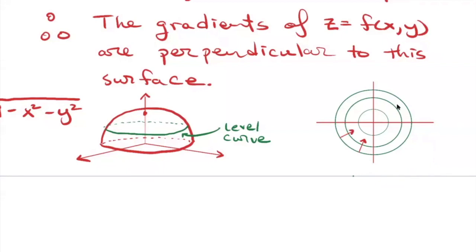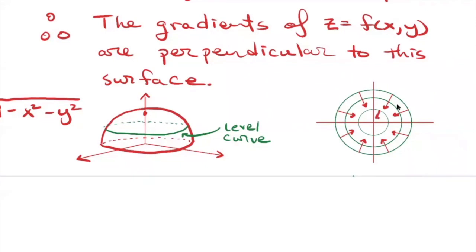And it just turns out that's perpendicular to the level curve. So right now I'm drawing a bunch of gradient vectors pointing toward the origin, because that's the direction of maximum increase. That's how you get to the top of the sphere. I'm drawing big vectors because the slope is pretty steep. As I get closer to the top, it's not as steep anymore.